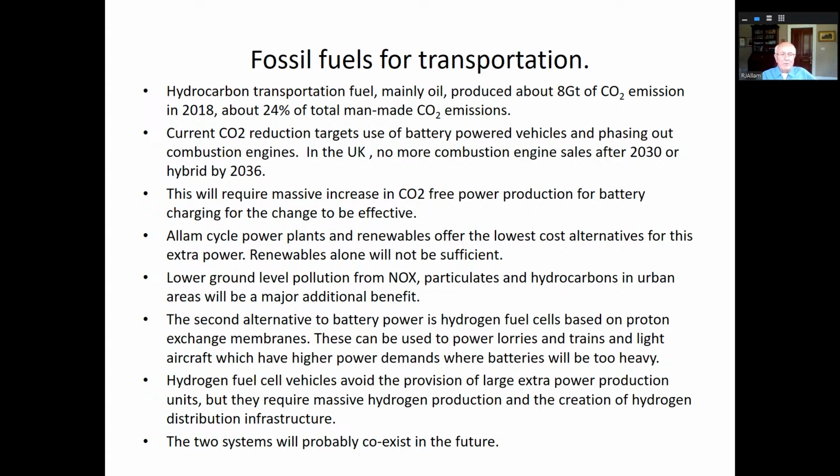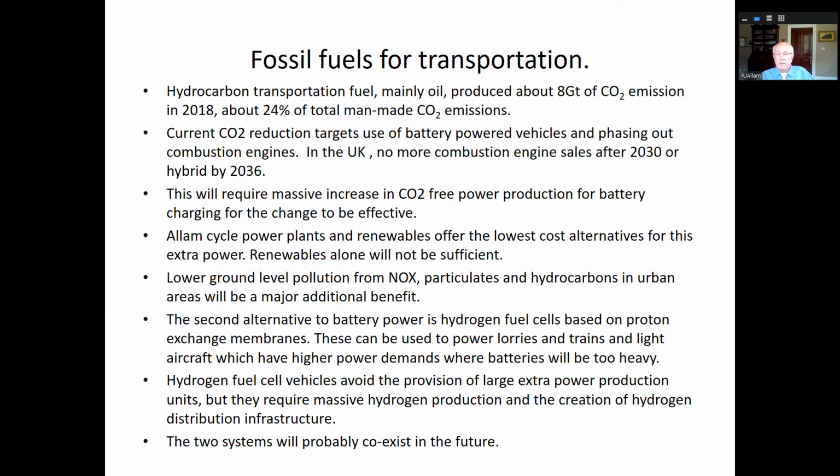So particularly with heavy lorries, with large range requirements, if you want to drive a heavy lorry with a fuel load for 1,000 kilometers, you'd need some very, very heavy batteries. It'd be totally impossible. And the other point is that hydrogen fuel cell vehicles mean that you don't have to buy this additional electricity generating capacity. The hydrogen can be produced in separate hydrogen plants using mainly natural gas as the fuel.